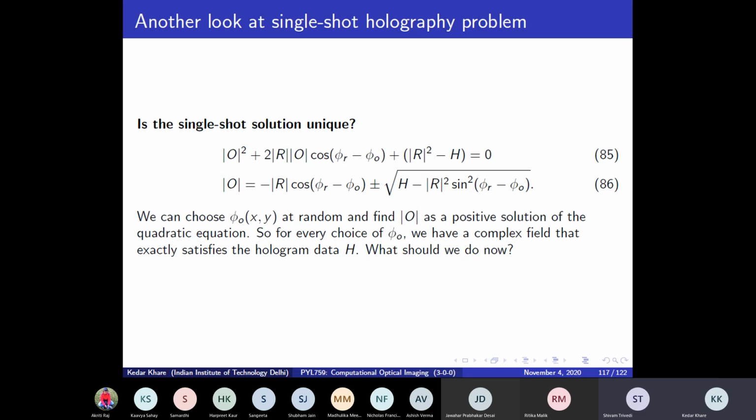Yes, sir. So we need to say that, okay, now that we have ambiguity of solutions, any solution is not acceptable to me. So I'm going to put a constraint. I'm going to put a penalty.